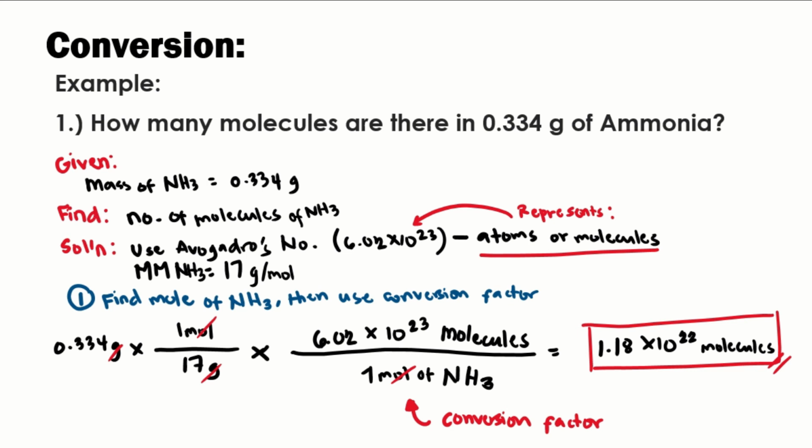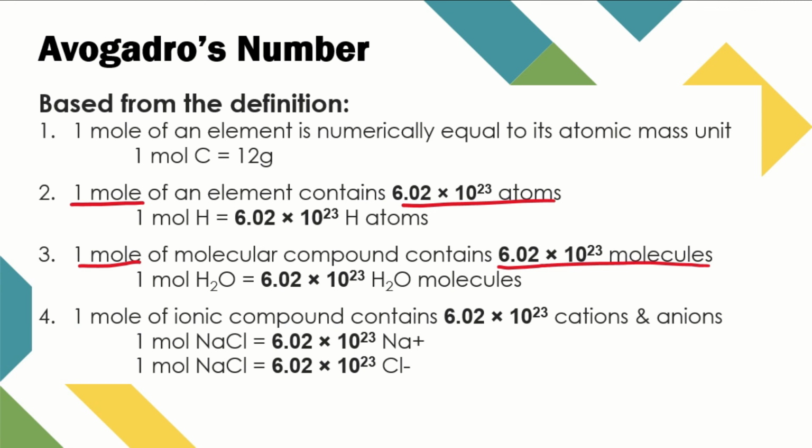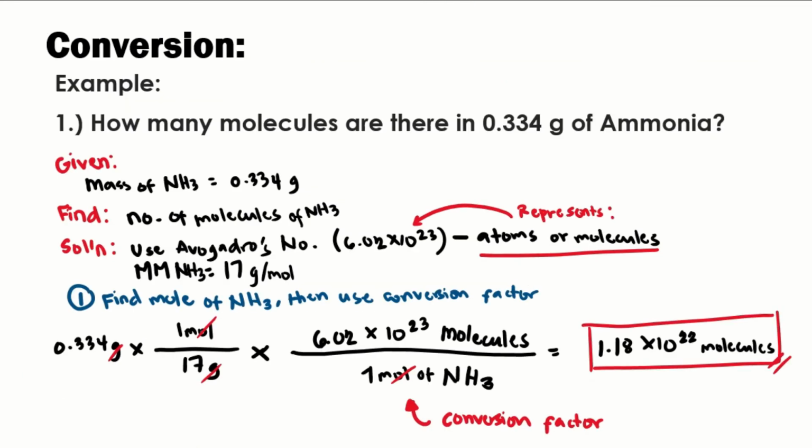If we go back to the definition of Avogadro's number, for an element, we look for atoms, the atoms present in an element. For molecular compounds, we look for molecules. So, back to the problem: given the mass of ammonia, 0.334 grams, we are asked to find the molecules of ammonia.